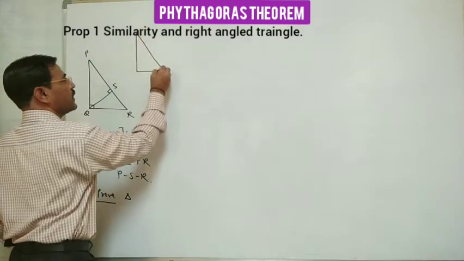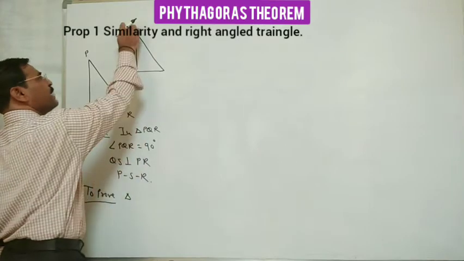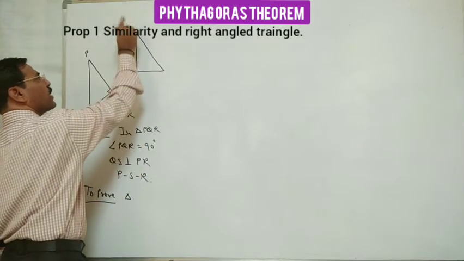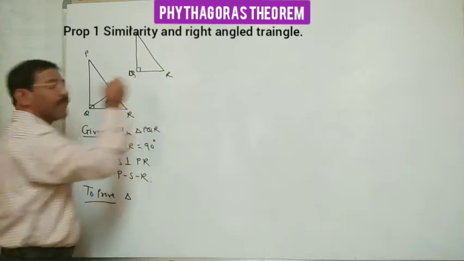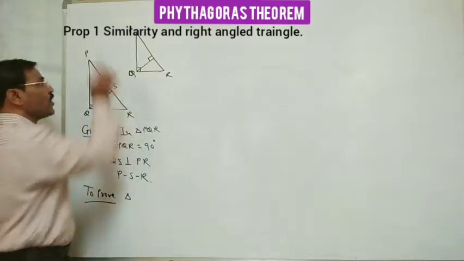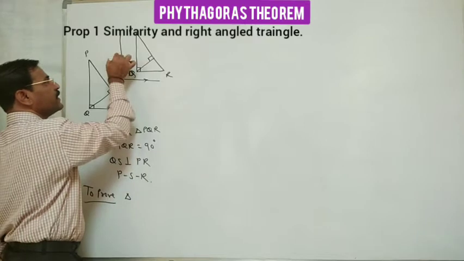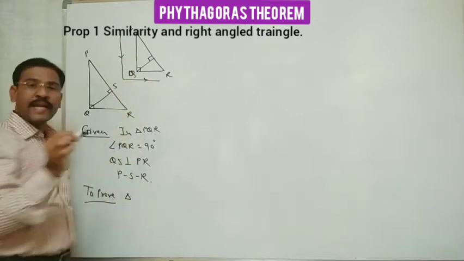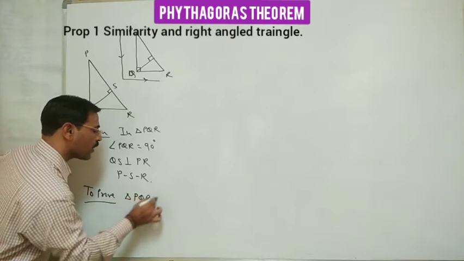This is the triangle. Suppose I take A, B, or the same thing, I will take PQR. Okay friends? In which way do we have to take the names of those triangles? First of all, we take the bigger triangle's name in this particular direction. That is PQR.